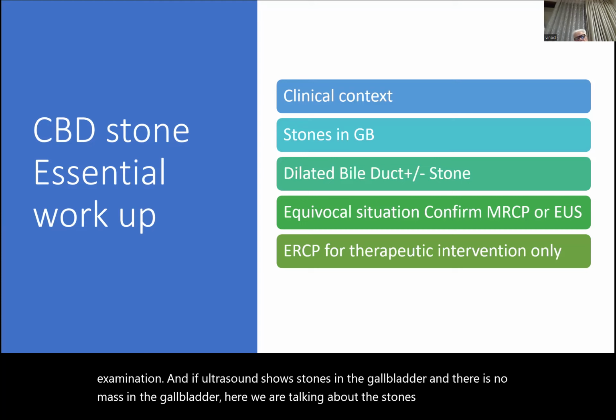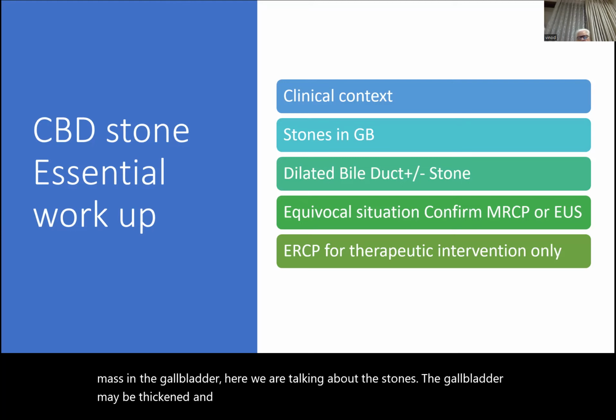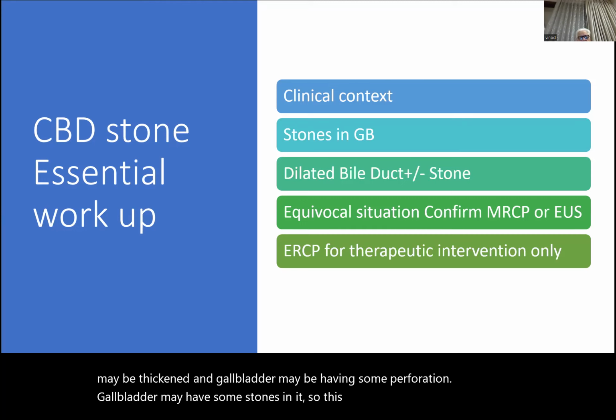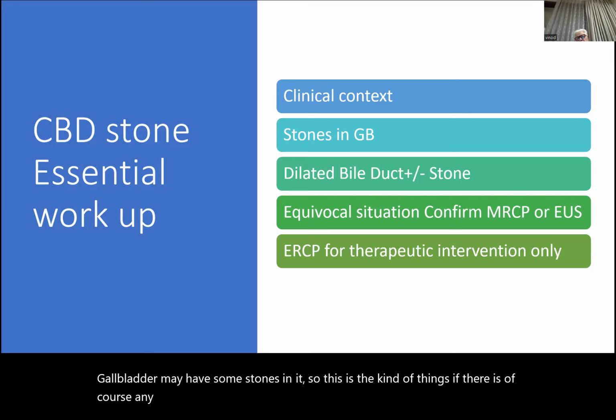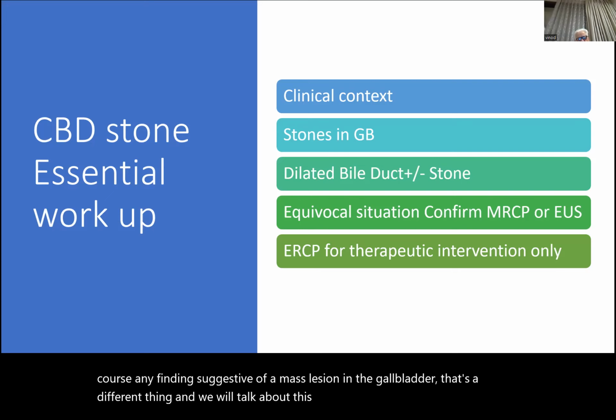The gallbladder may be thickened, may be having some perforation, may have some stones in it. So these are the kind of things. If there is, of course, any finding suggestive of a mass lesion in the gallbladder, that's a different thing, and we will talk about this in our later presentation.